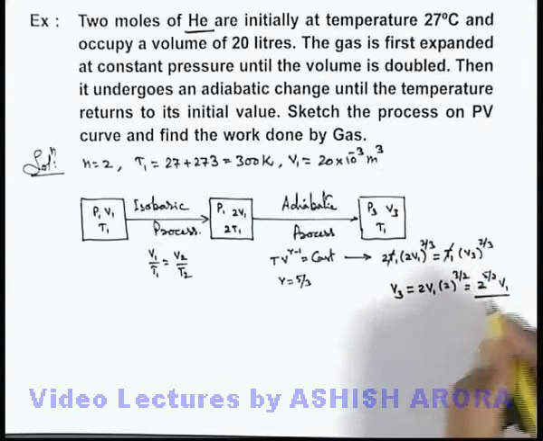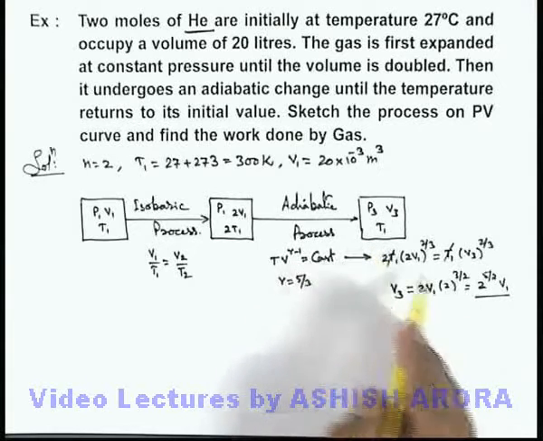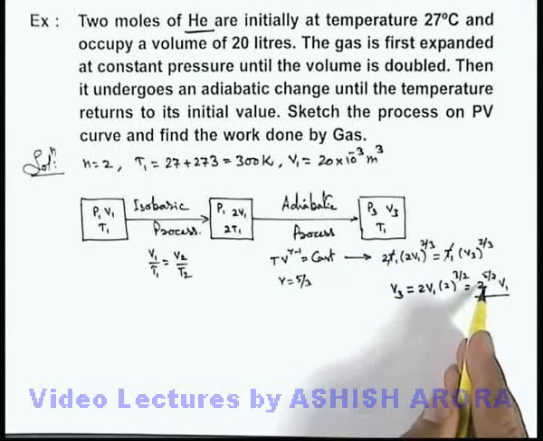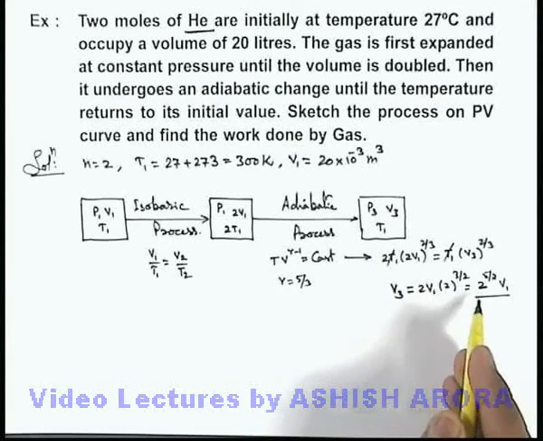This is the volume in the final state of gas, which we certainly need to plot the process on the PV curve.